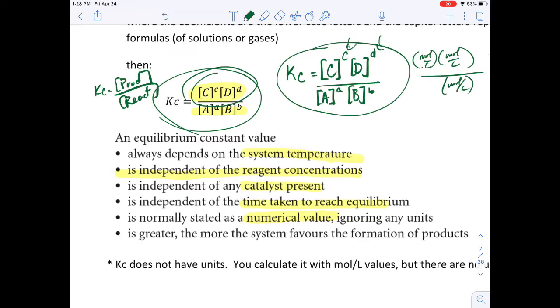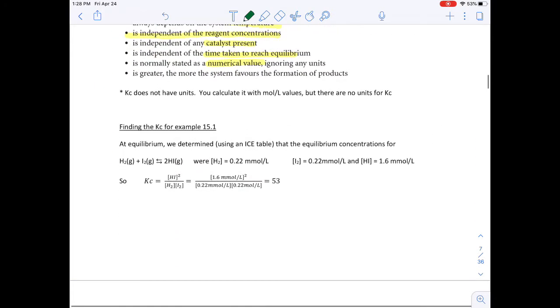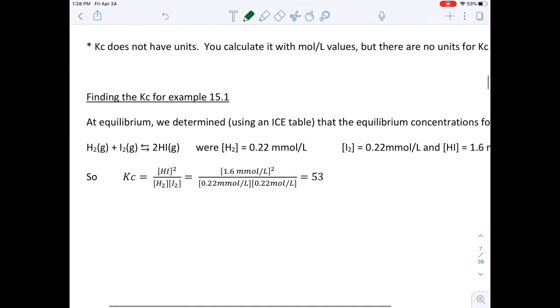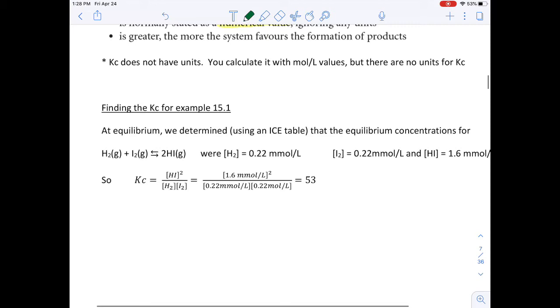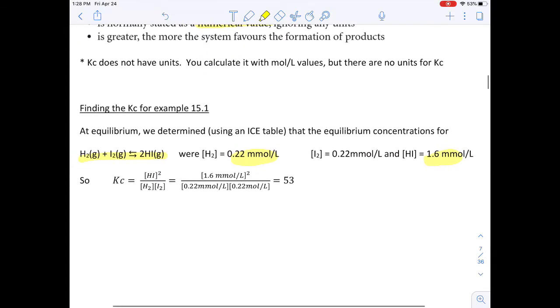To calculate the Kc, we need the equilibrium concentration of things. So in this question, they're asking for the equilibrium constant for this reaction, and they're giving us the equilibrium concentrations of the chemicals, right?